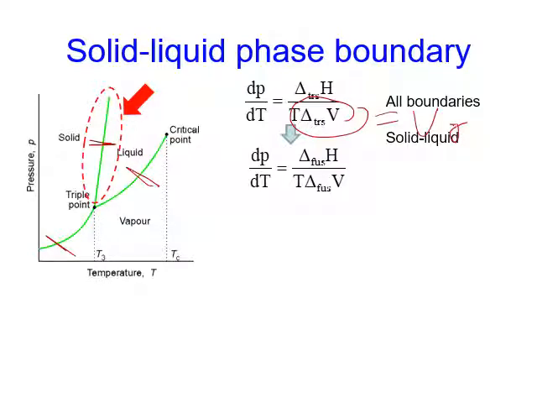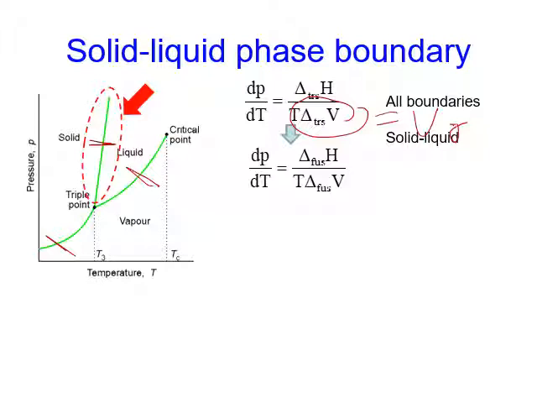Neither solid nor liquid is a gas phase, so it has nothing to do with the gas phase. And apparently, we cannot use the same approximation, and therefore the final equation cannot be applied.